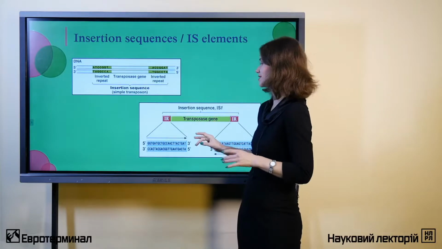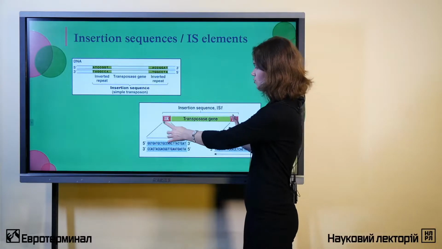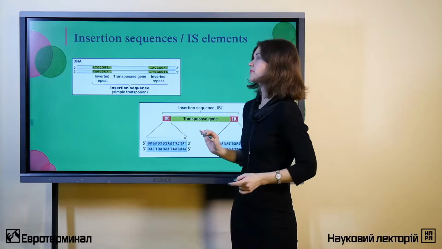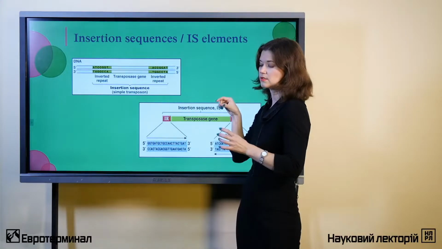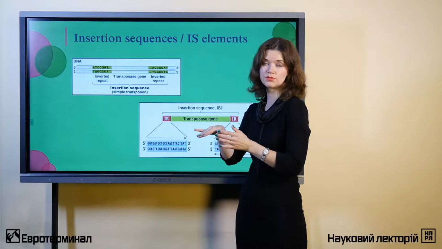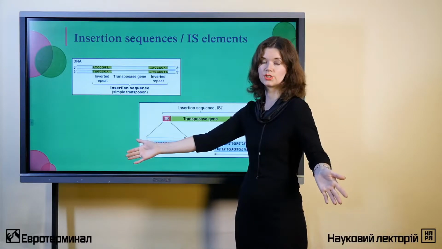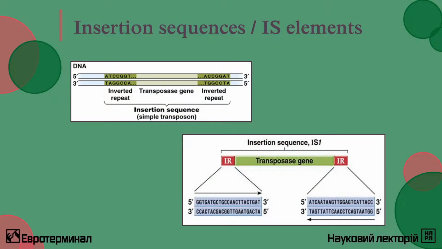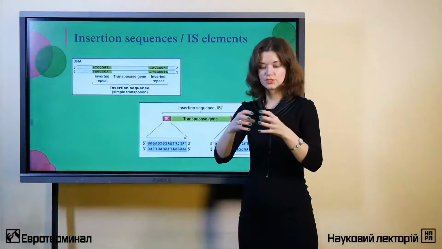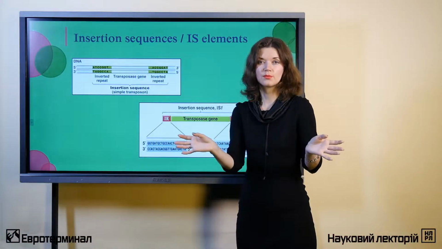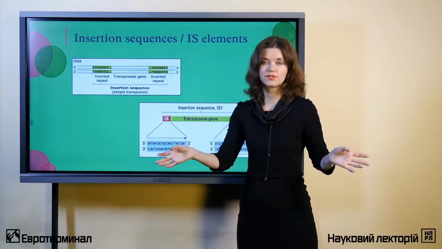So the idea is that these insertion sequences are rather small elements, and they can insert into the bigger genome molecules. When they do it, they can do it in the middle of a gene. The gene is functioning, and if we put something inside, the whole molecule stays whole, but the gene is broken into parts and doesn't work anymore, and the cell doesn't receive the product of this gene anymore.